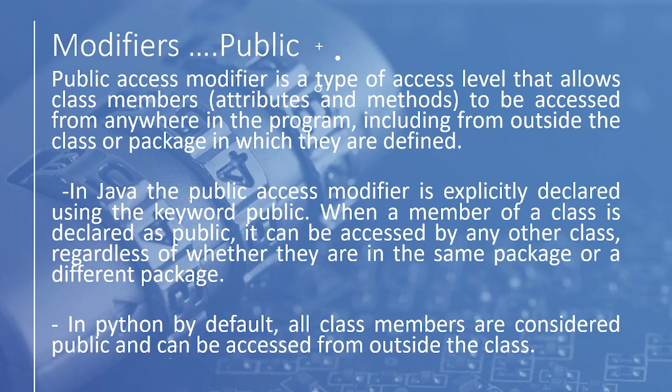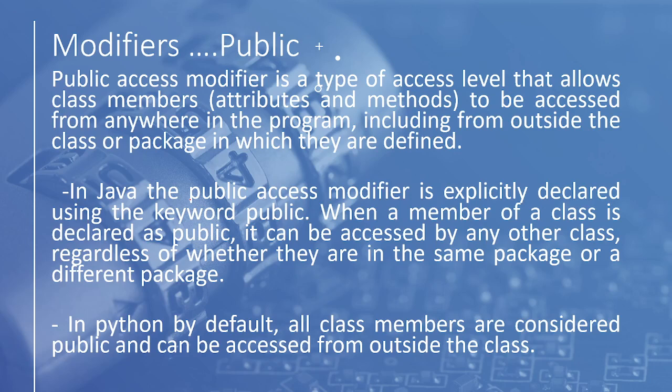You are telling that this is a public variable, and when a member of a class, that is a variable or a method, is declared as public, it can be accessed by any other class regardless of whether they are in the same package or a different package.